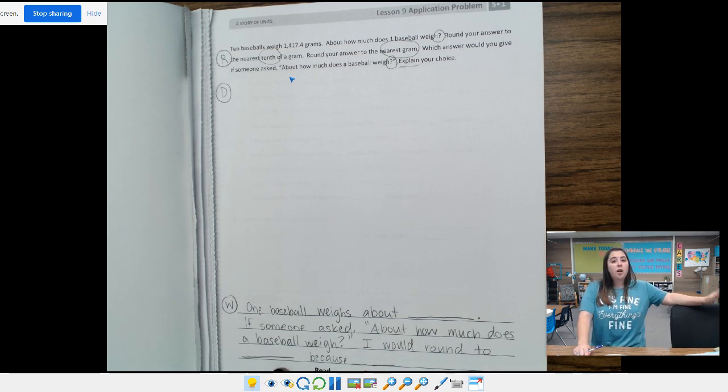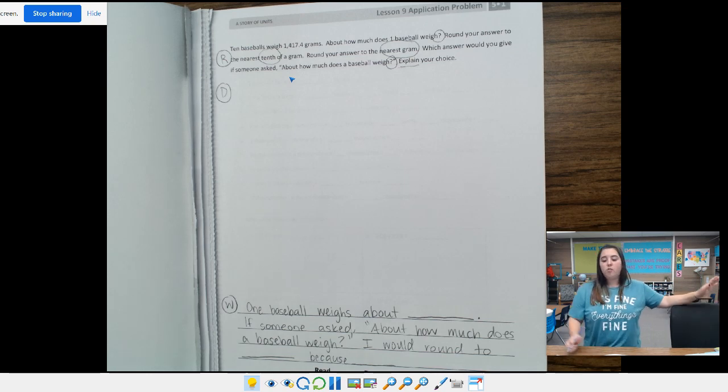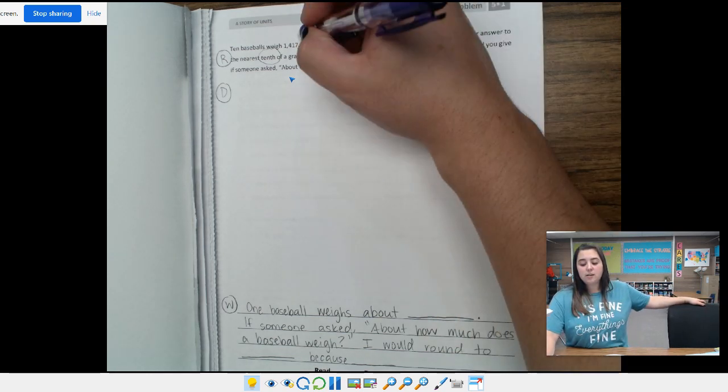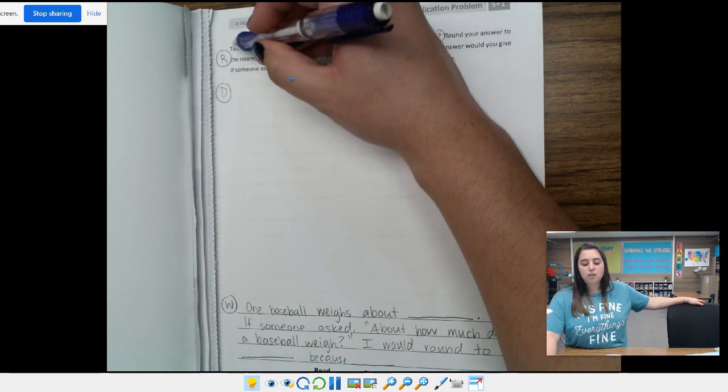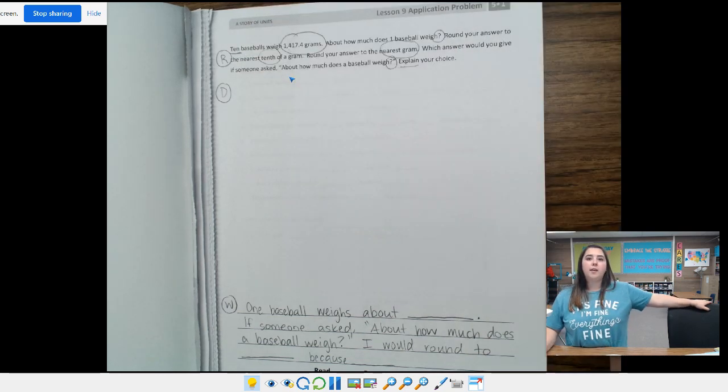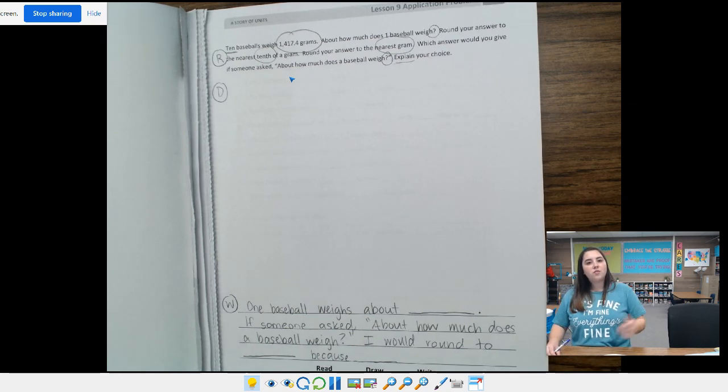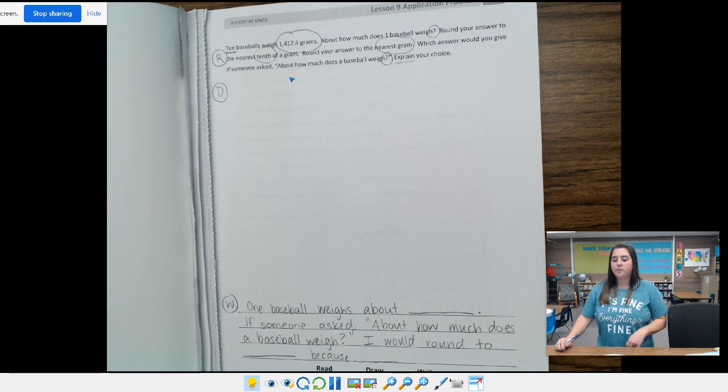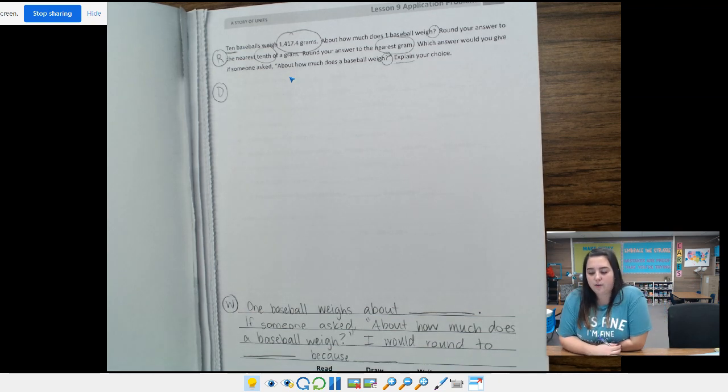All right, if you're confident in solving, remember that this number here is how much 10 baseballs weigh. They want to know 1. How could you figure that out? Something we've done before. So if you want to solve by yourself, that's fine. If not, let's solve along together. So here's what I know.